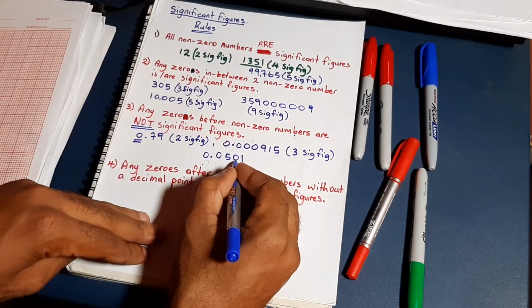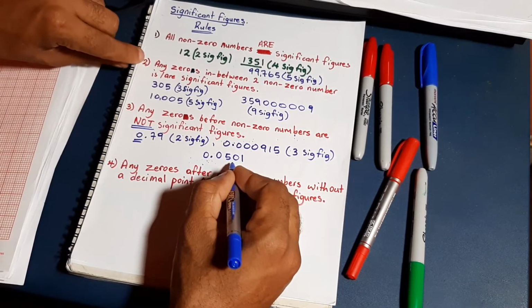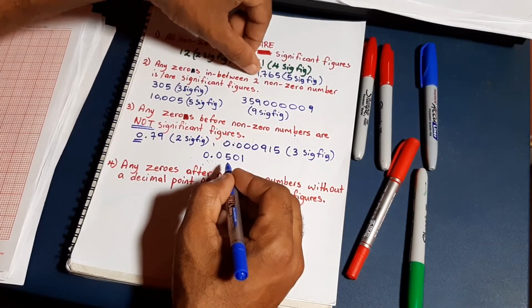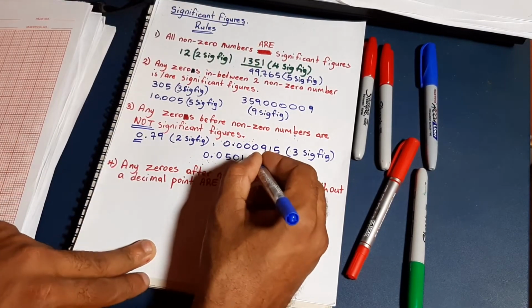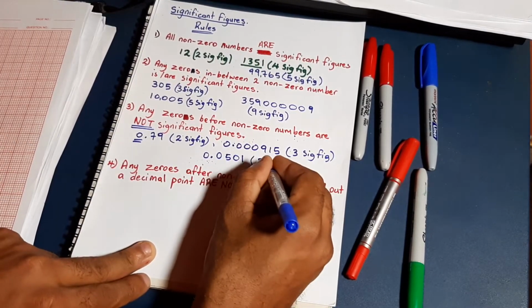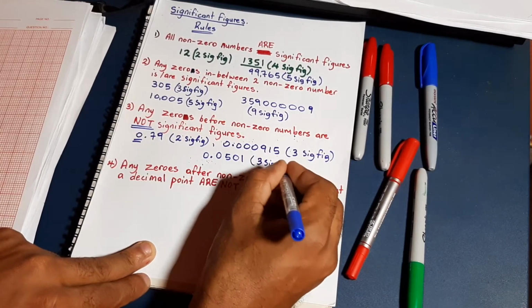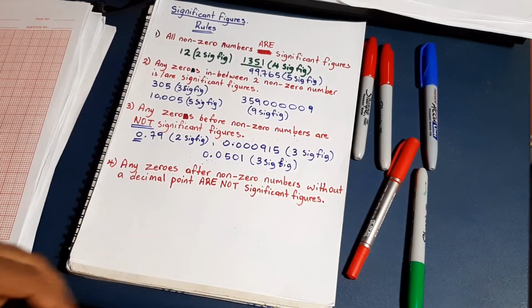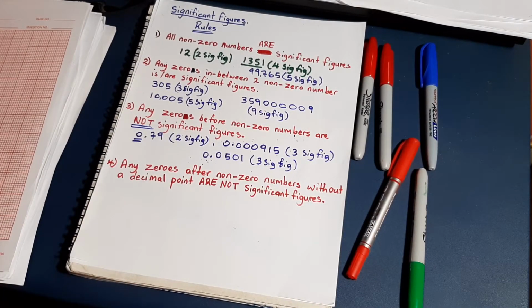This 0 is a significant figure because of rule number 2, because the 0 is between 2 non-zero numbers. So it's written to 3 significant figures.